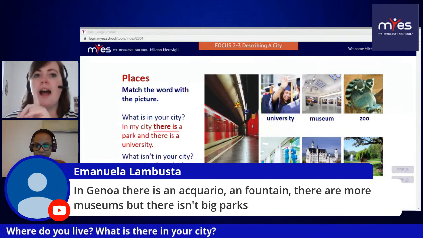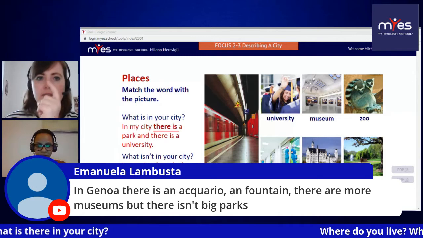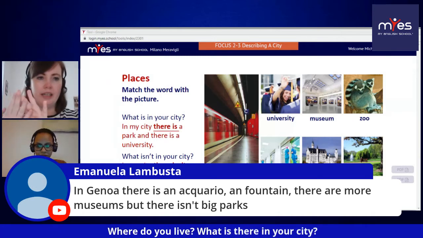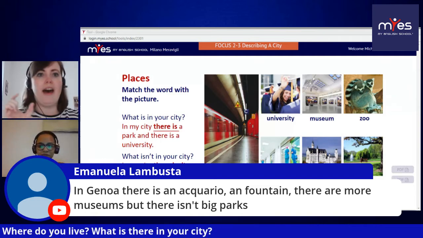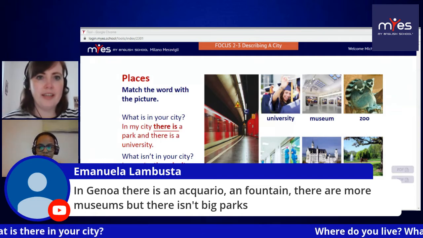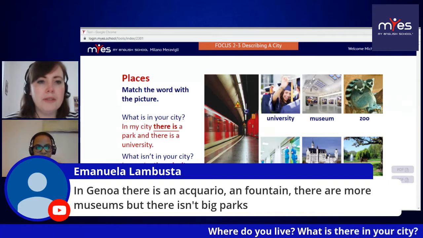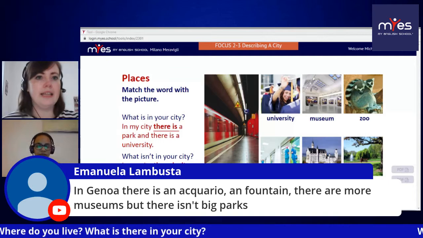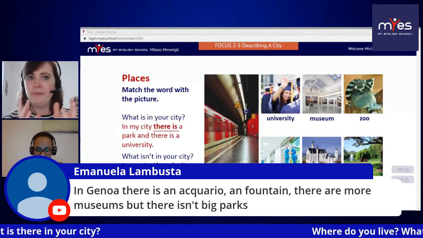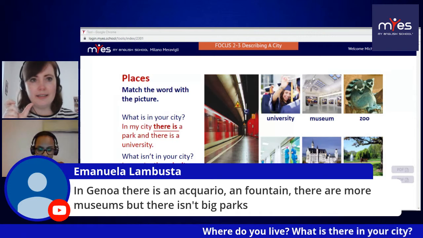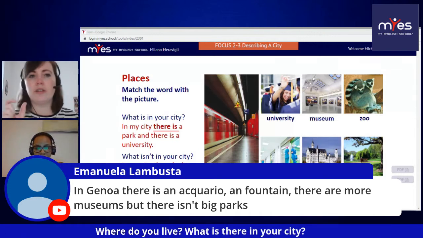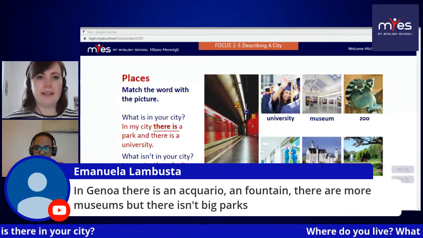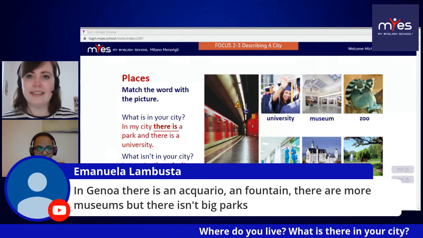And then remember a fountain, because an we put before A, E, I, O, and U. So before F, a fountain. There are more museums, but there isn't. Okay, if this is plural, we would say there aren't big parks, or there aren't any big parks, we can say as well. Really good, though. That's excellent.